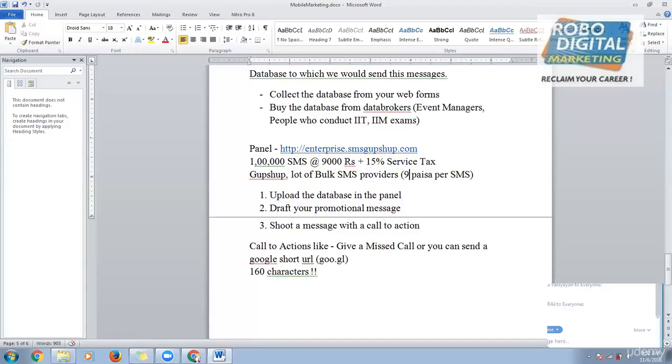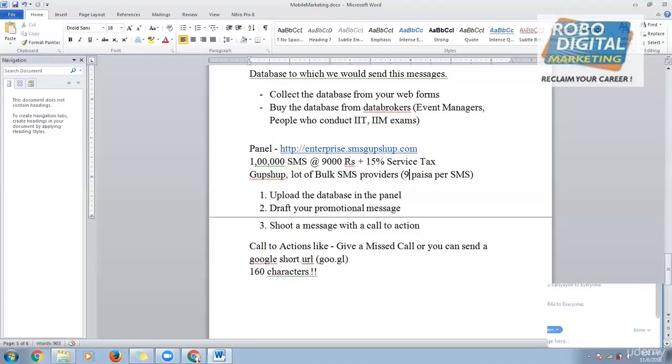If it is a 70% panel, and you have a database of 1 lakh people, then it will only send to 70% of people, and the rest 30% it will not send. But in the report sheet, they will tell you that we have sent it to all. So this kind of cheating SMS marketing companies do. So be aware of that.